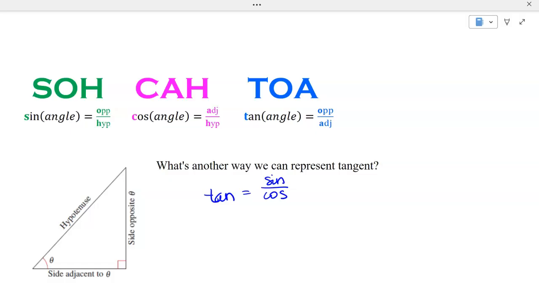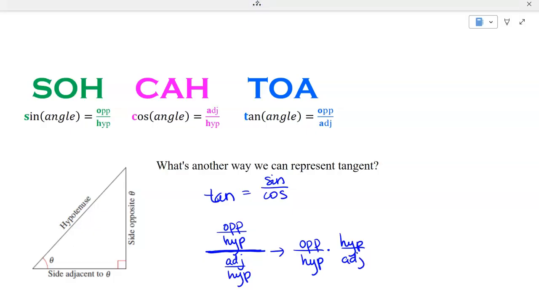We know that the sine is the opposite over the hypotenuse. So if we put that in like a big numerator, opposite over hypotenuse, and we know the cosine is the adjacent over the hypotenuse. And if you remember, if you're dividing by a fraction, you're actually going to invert and multiply. So we've got opposite over hypotenuse times the hypotenuse over adjacent.